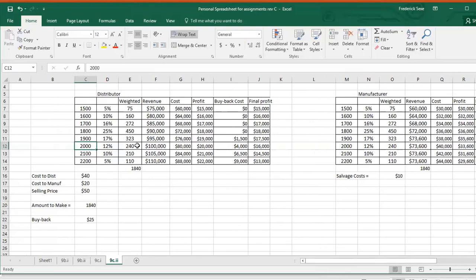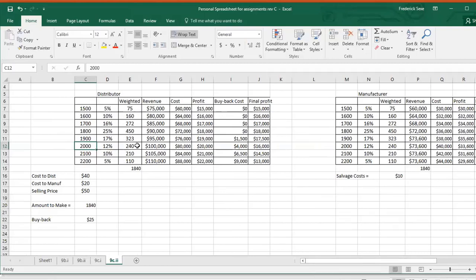Okay, let me clarify this real quick, Rodney. The risk is on the manufacturer because the distributor is only going to buy from the manufacturer what the demand is. So if the demand is 900, they're only going to buy 900. In this type of contract, the distributor says, hey, we will only purchase from the manufacturer what we sell.